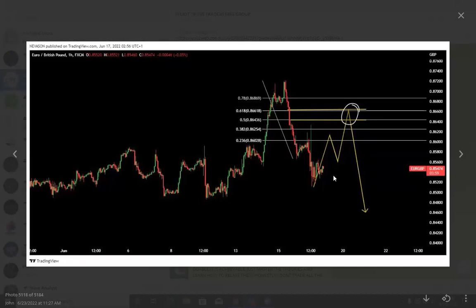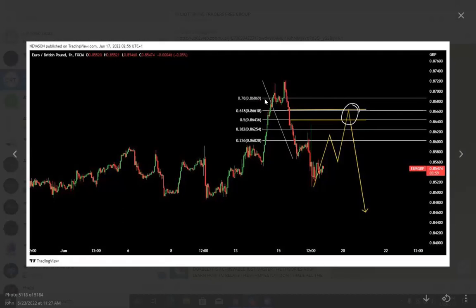So I assumed that it was going to be an ordinary corrective structure. But if it turned out to be a bigger WXY structure or a zigzag structure, then coming to 78% retracement is imminent. And where is the price on 78% retracement?